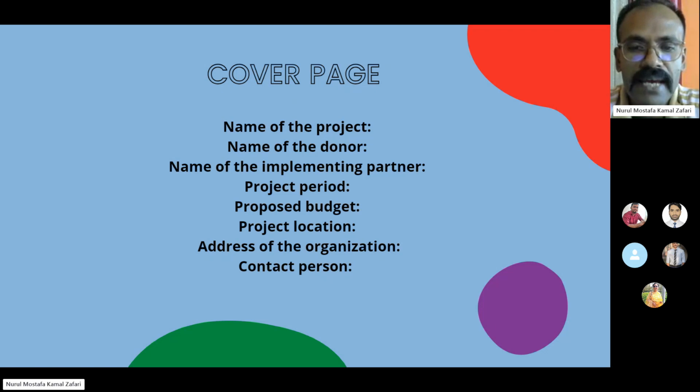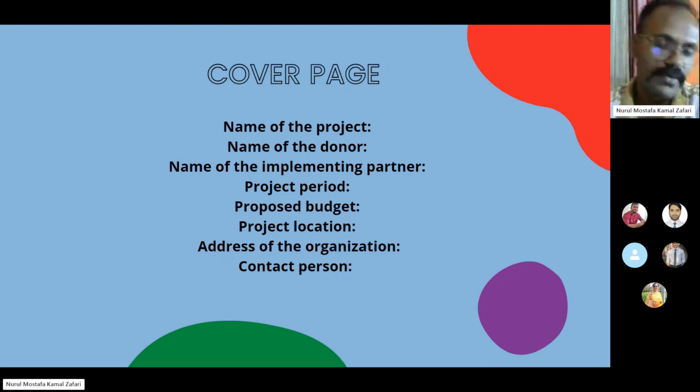For the project's name or title, many donors, project management experts, project managers, and project developers want to give unique names to their projects. For example, a project's name is prevention of abuse to women and bringing resilience for them.